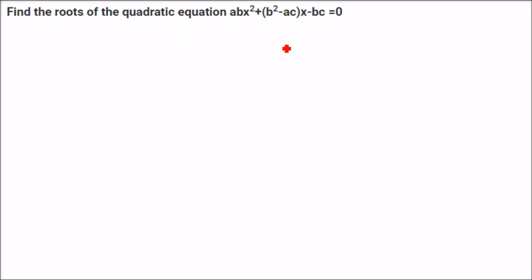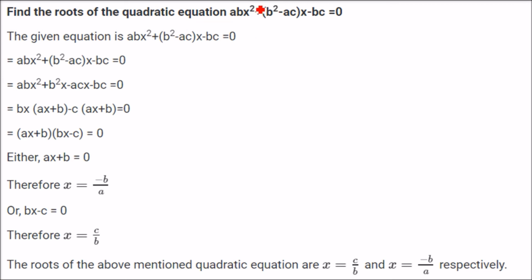Find the roots of this quadratic equation. Here also we will open it: abx square plus b square x minus acx minus bc equal to 0. What you can do here is take bx common from here.